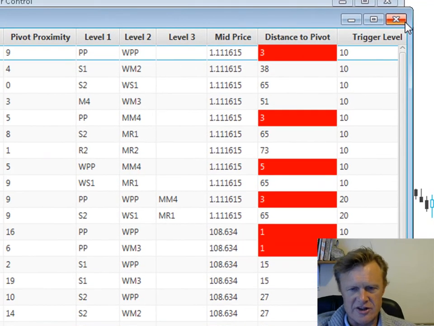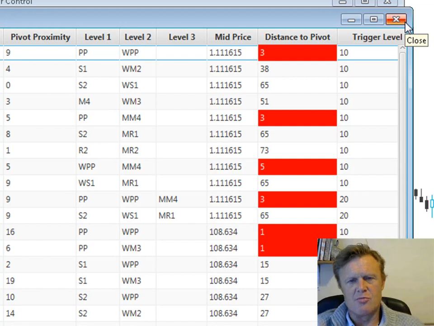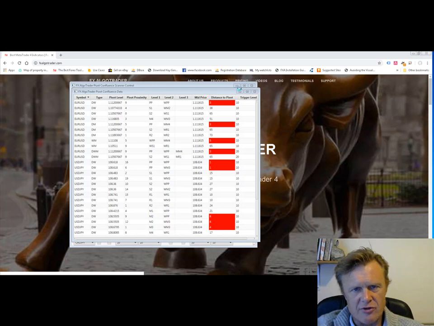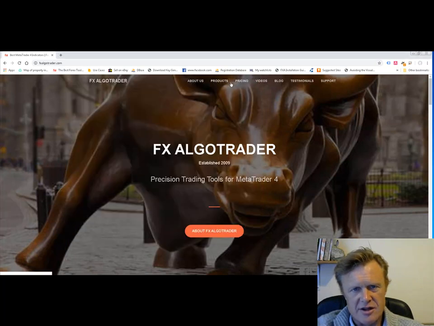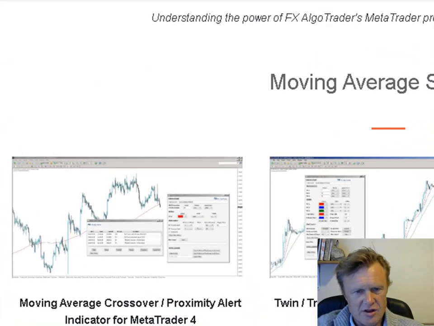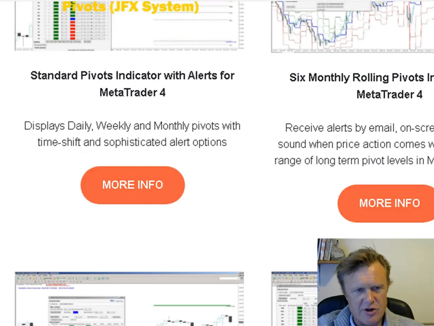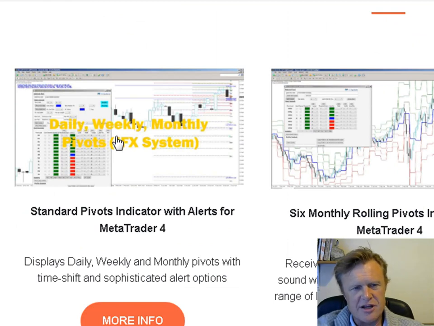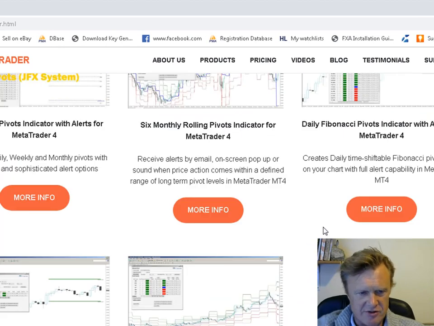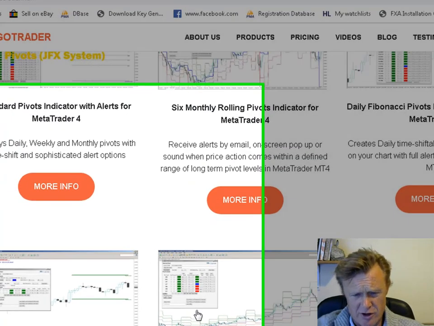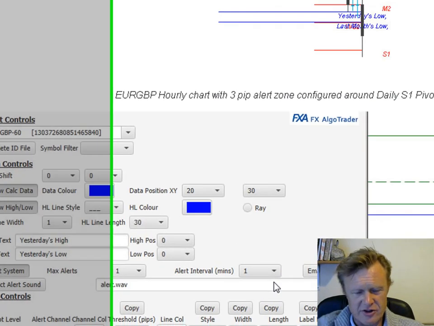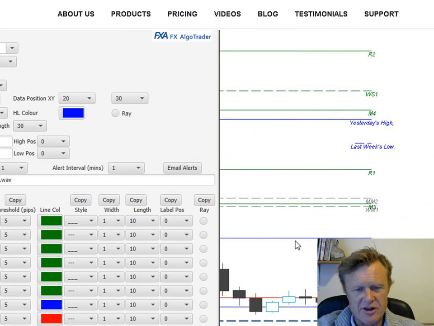If you are interested in hyper accurate pivots, you might want to look at our Java based tools, which I'll show you here. We've got a range of client side pivot products. If you go into pivot systems down here, we have a whole range: daily, weekly and monthly standard pivots, 6 monthly rolling pivots, daily Fibonacci pivots, predictive pivots and 3-month rolling pivots. All of these are accessed through our Java interface, so these will all display the exact pivots on your charts.